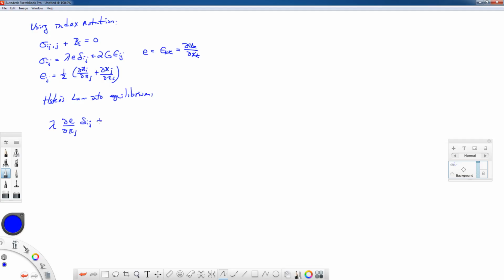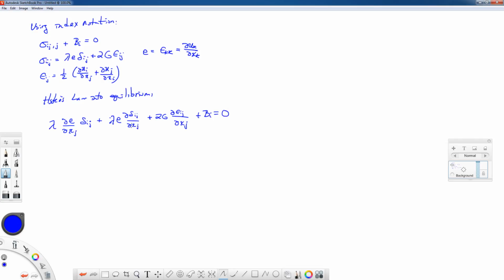And then we're going to have plus, taking a partial derivative, the partial derivative of the first times the second, and then the first times the derivative of the second. So it's a partial derivative of Kronecker delta ij with respect to xj. And then we're going to have 2g partial derivative of epsilon ij with respect to xj. And then plus b i is equal to 0.